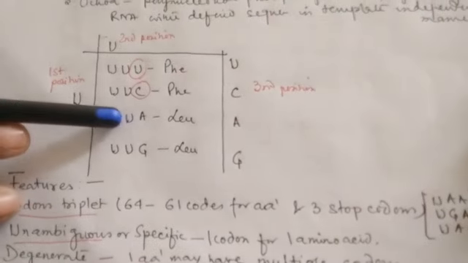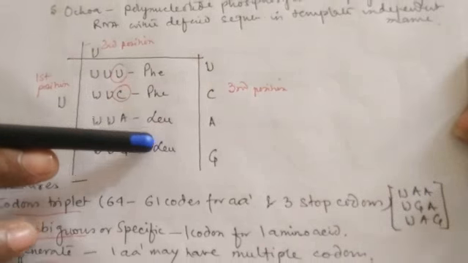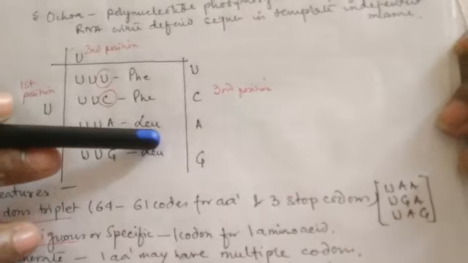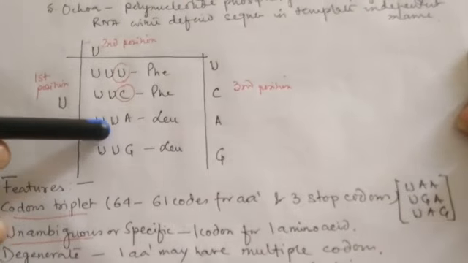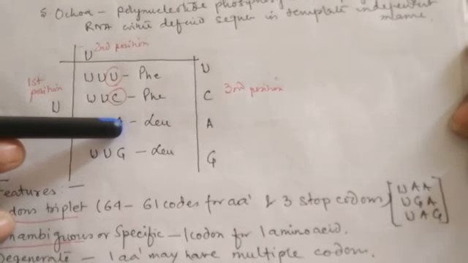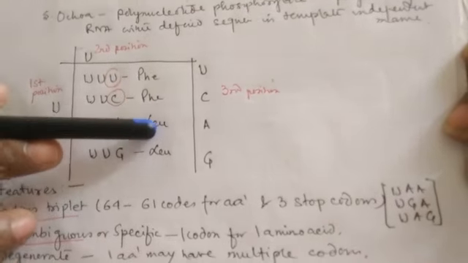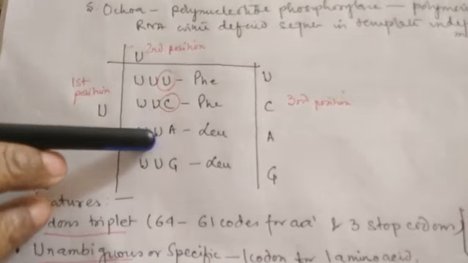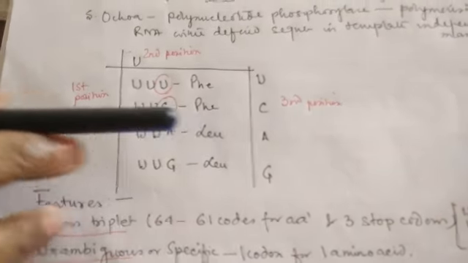Next, codons are unambiguous. That means specific codons are there for leucine. Suppose leucine is coded by UUA. UUA will never code for any other amino acid apart from leucine, which is why it is called unambiguous or specific.